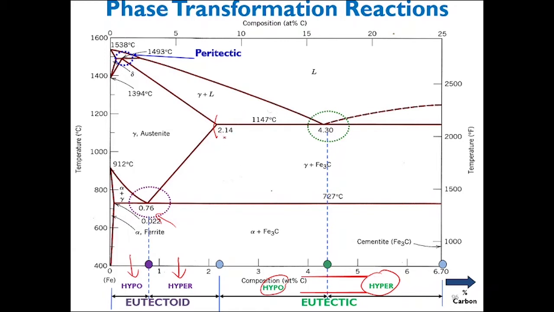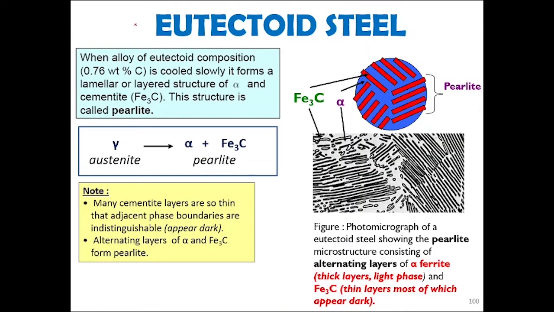After 2.14%, the microstructure is eutectic. Hypoeutectoid occurs at a composition of carbon less than 0.76%. More than 0.76 until 2.14, the microstructure will become hypereutectoid. So at the eutectoid point, we form eutectoid steel.